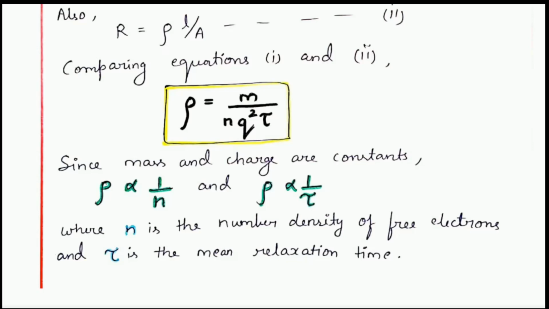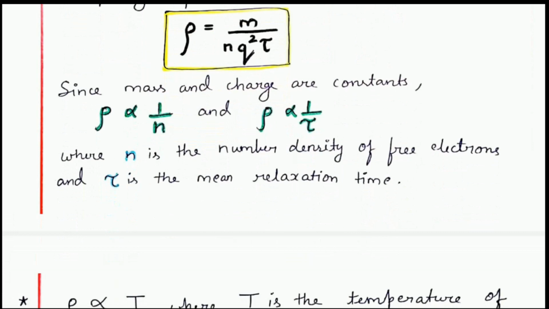And if the relaxation time is larger, the resistivity of that material will be less. How will the relaxation time be larger? If the free electrons are moving slowly, they will have a higher relaxation time.